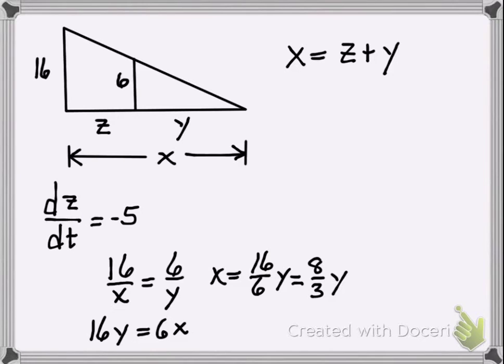Okay, so using that, let's take the derivative of this equation. That's the same thing as x equals 8 over 3 times y. Keeping in mind that x, y, and z are quantities that can change with time, we can say that dx/dt is equal to 8/3 times dy/dt.